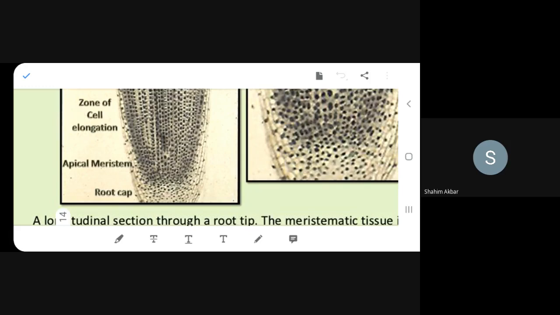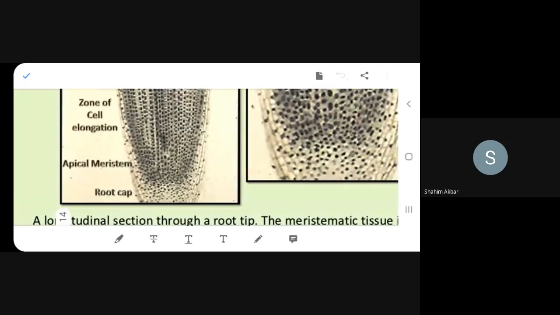I repeat again, phloem is made up of sieve tubes, companion cells, phloem fibers, and phloem parenchyma. Okay? Please remember. Now, which are the tissues responsible for the movement in our body?